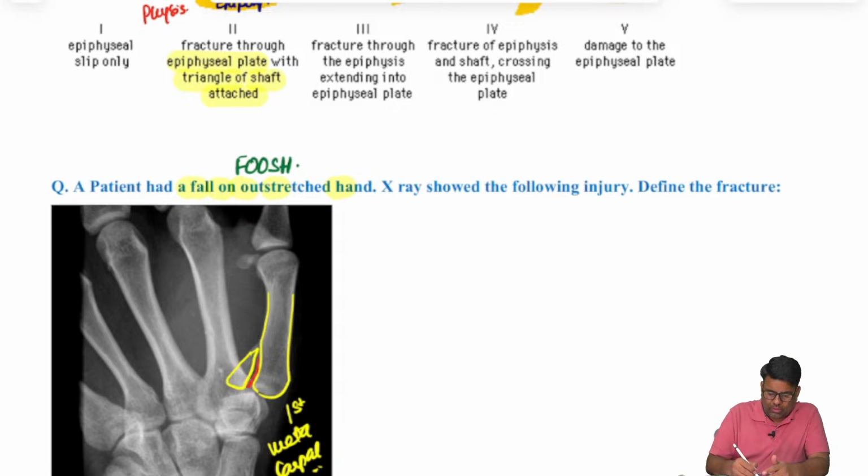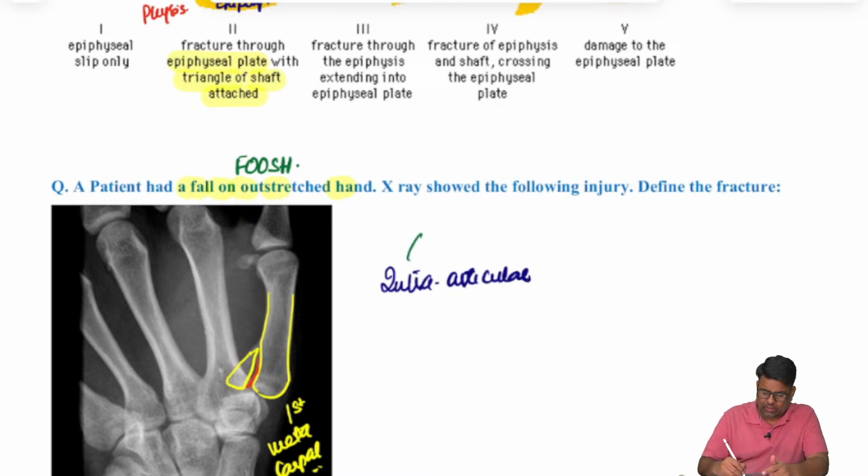Now, this fracture is intra-articular. I say intra-articular because intra is, that is joint. So it is involving the base of the first metacarpal.